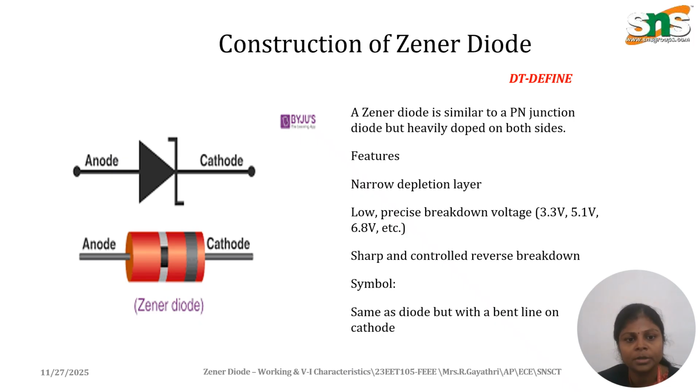The symbol of the Zener diode has two terminals, anode and cathode, with a bend compared to the PN junction diode symbol. Some main features of the Zener diode are a narrow depletion layer and breakdown voltages of 3.3 volt, 5.1 volt, 6.1 volt, etc. It also has a reverse controlled breakdown voltage.